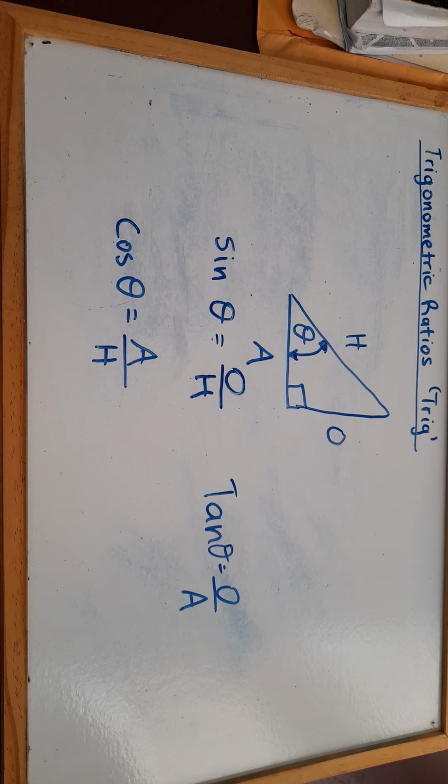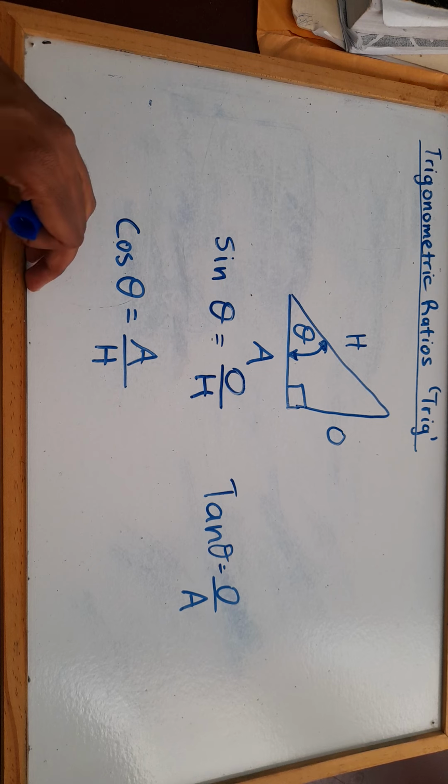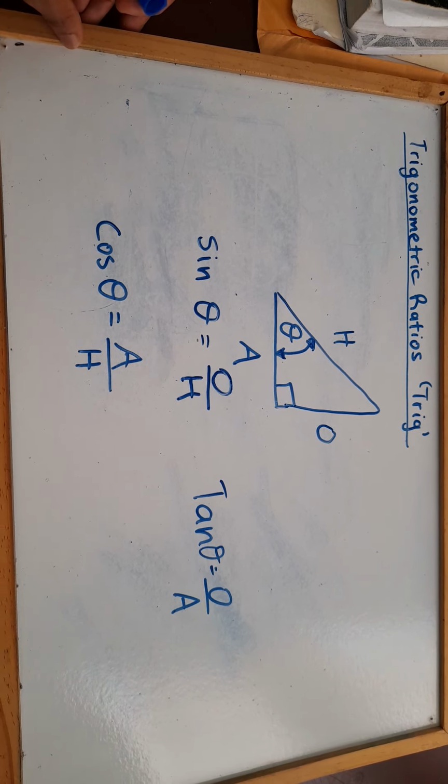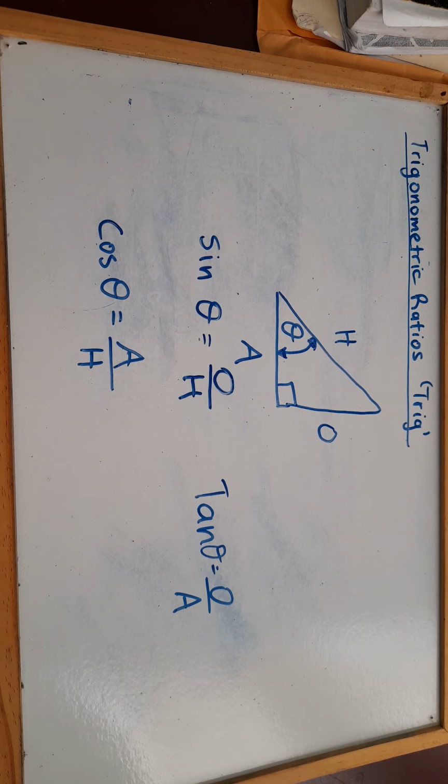Now, knowing which sides to divide has often been a problem. For me it was one of the hardest things to remember. If you sine something, it would be the opposite divided by the hypotenuse. If you cosine something, it would be this divided by that. So people have come up with some creative ways to remember it.